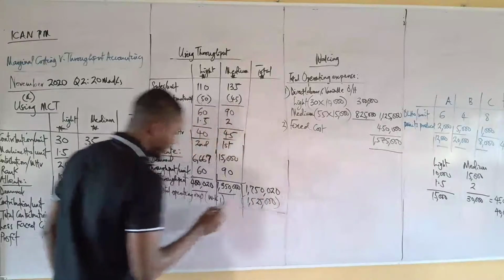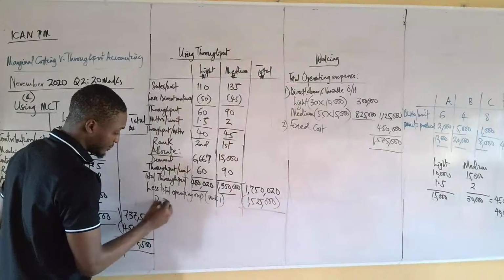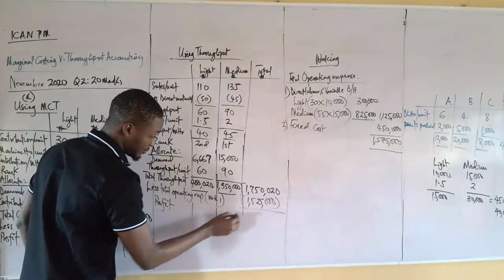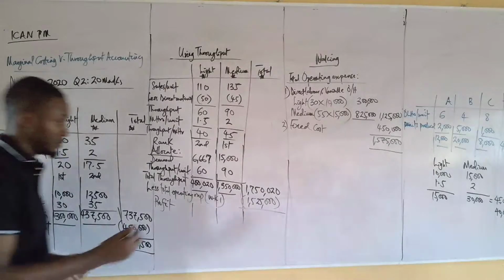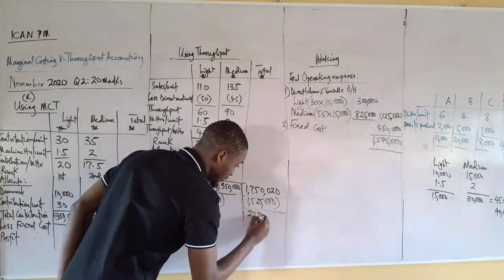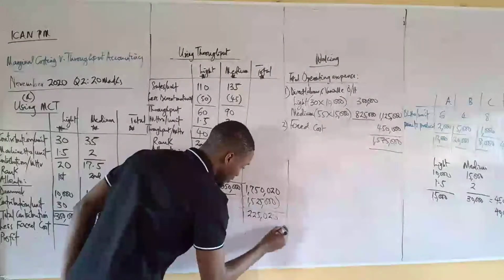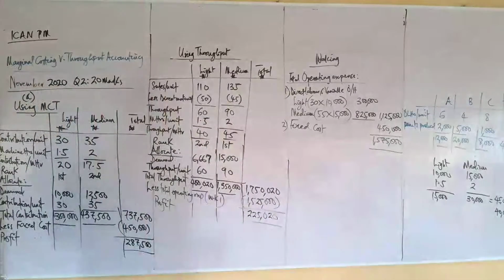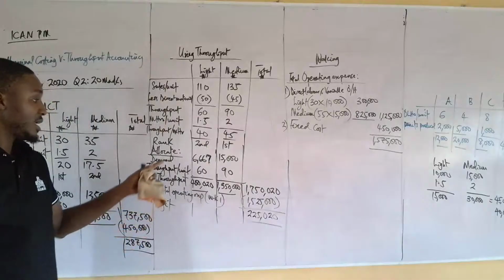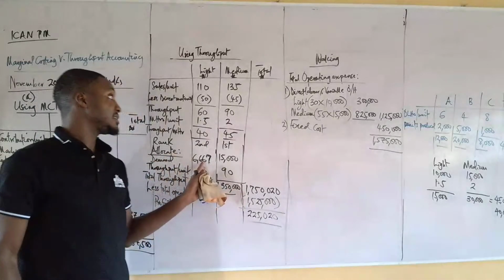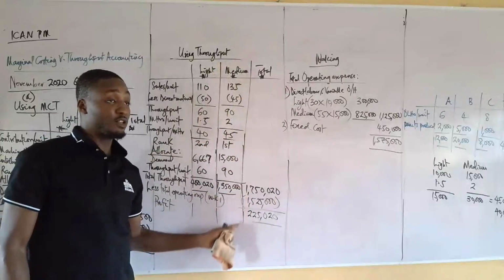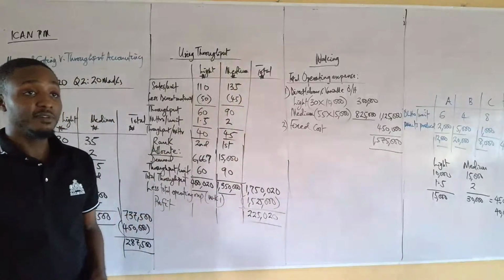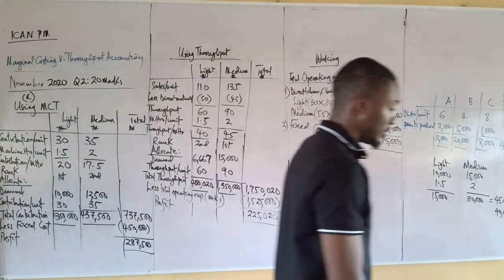So what is the profit here? 225,020. So in your theory, you'll be saying the profit maximizing output is 6,667 units of light and 15,000 units of medium, giving us a total profit of 225,020.